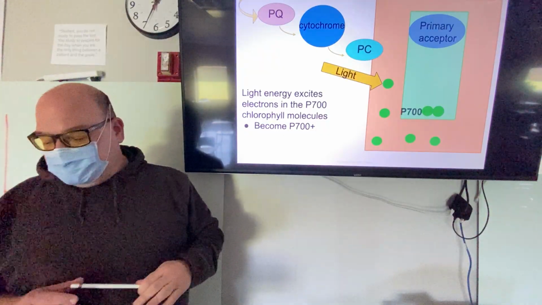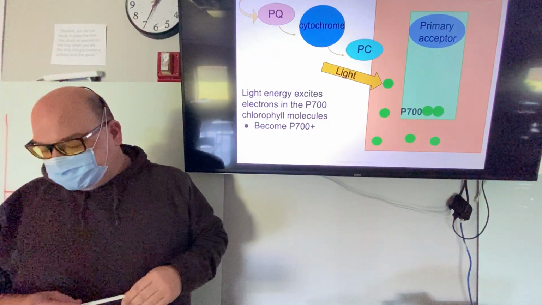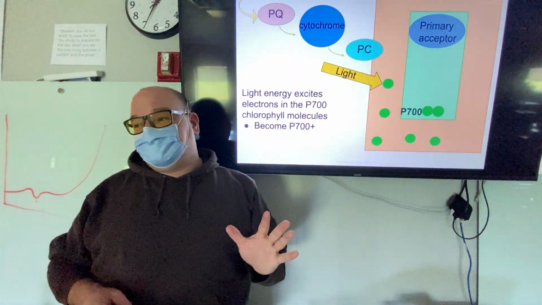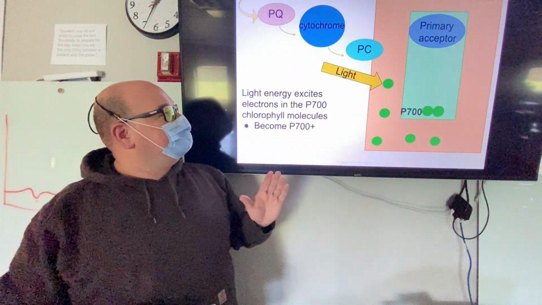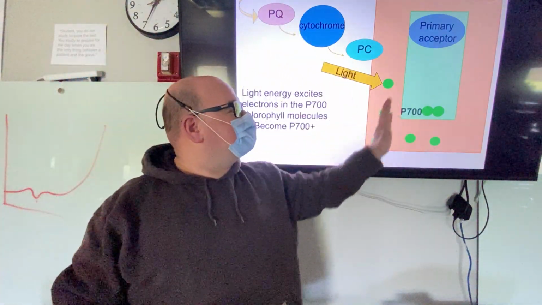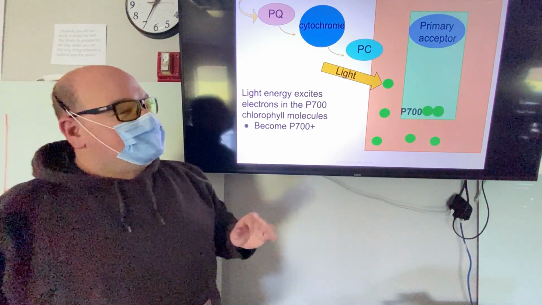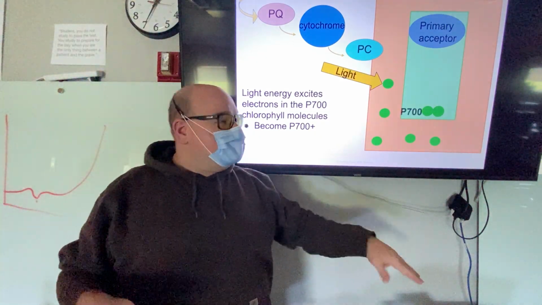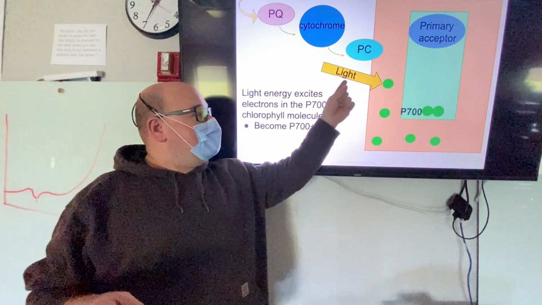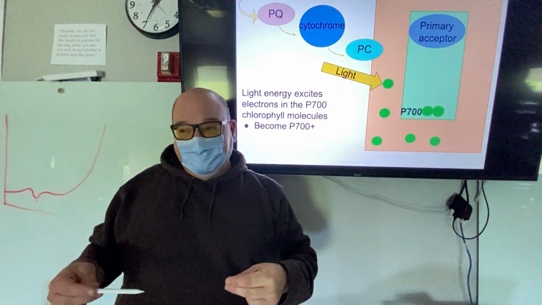We're going to jump to photosystem 2. Okay? Photosystem 2 gets the electrons that have passed through the membrane. Okay? They go through cytochrome and they are accepted. What are we doing with the electrons? We're getting them up to that energized state, and we're doing that with light again.